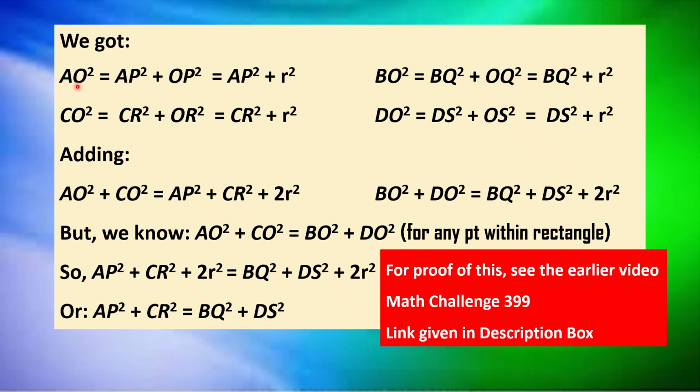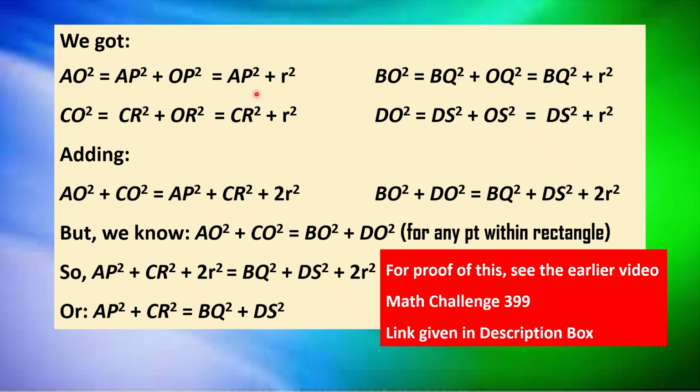So we got hypotenuse AO square equal to base AP square plus R square, and hypotenuse CO square equal to base CR square plus R square. And on the right side, similarly, BO square is BQ square plus R square, DO square is DS square plus R square.